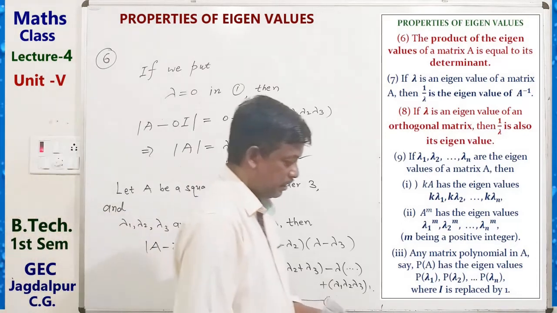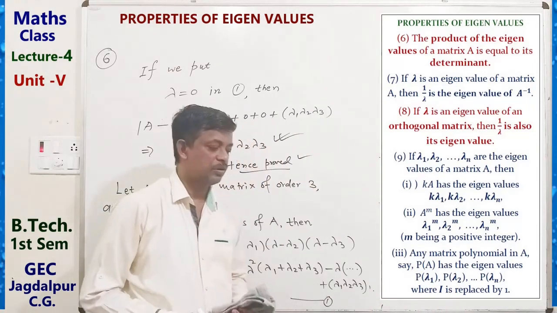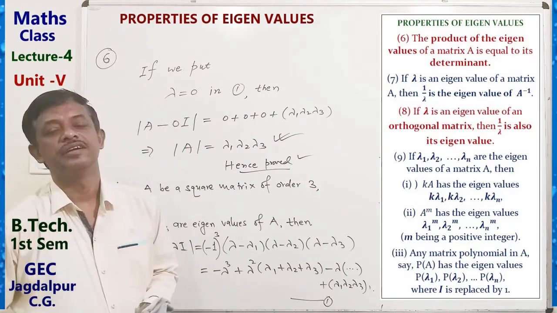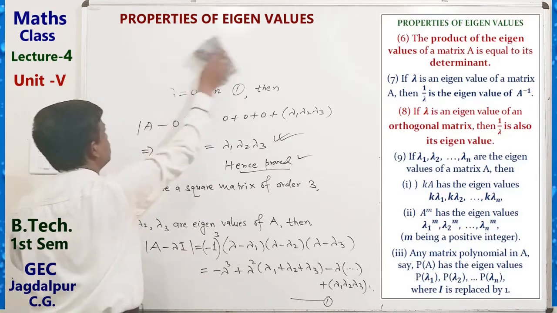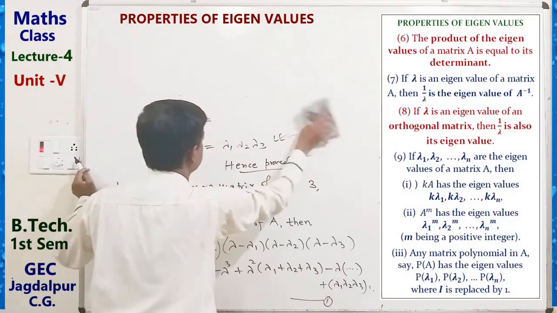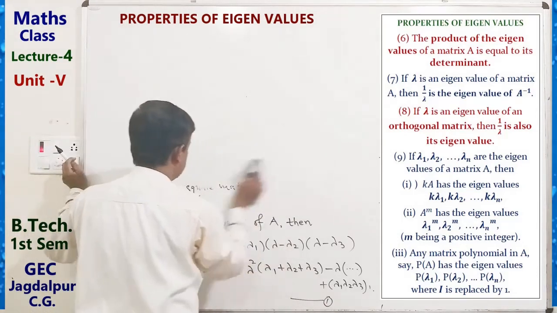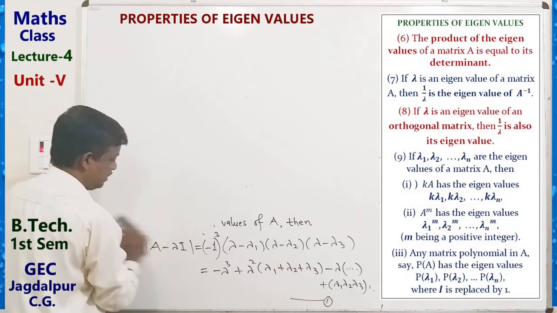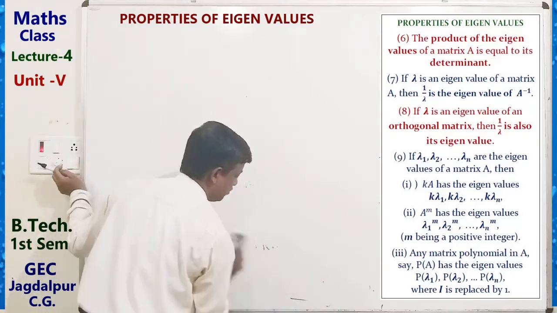Okay. Now property 7. If lambda is an eigenvalue of a matrix, then 1 by lambda is an eigenvalue of A inverse.